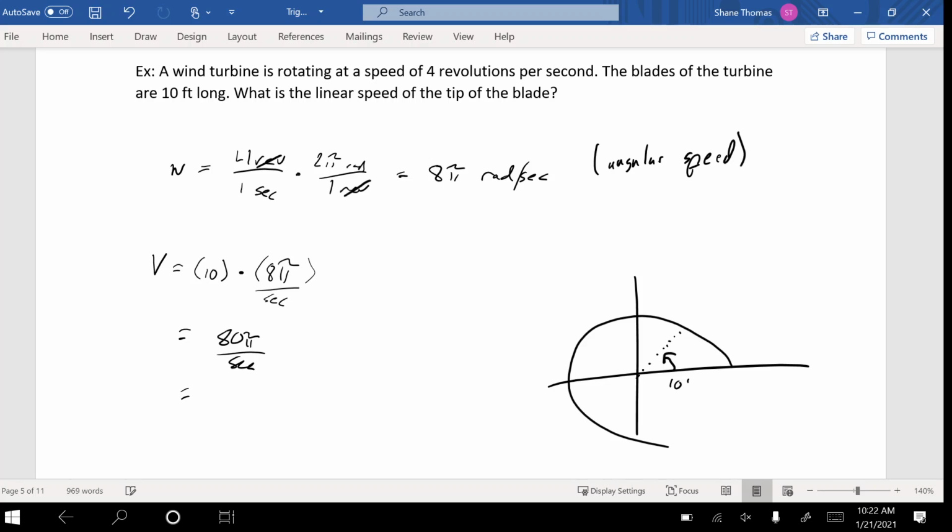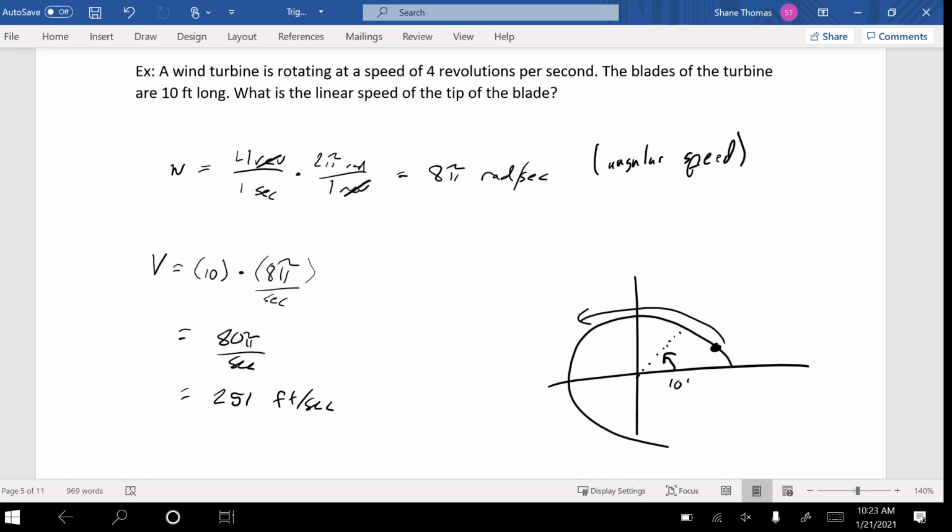And you punch that in a calculator, the thing's going 251 feet per second. So every point going around here is moving at a speed, and that's the point on the end of the blades. The point at the end of the blades is rotating around in a circle at 251 feet per second. So that puppy's cruising.